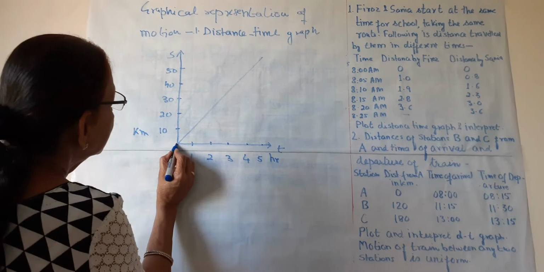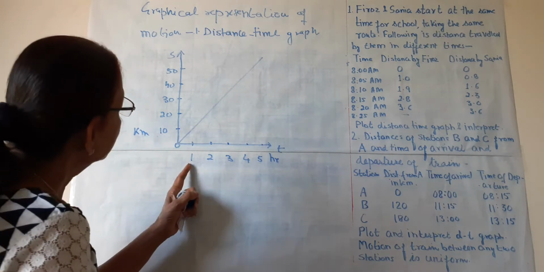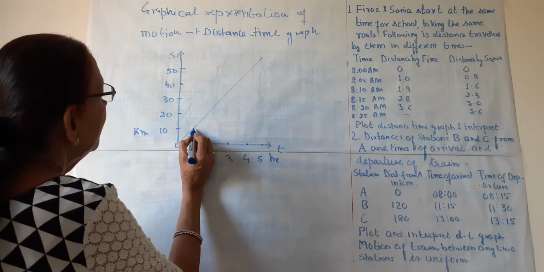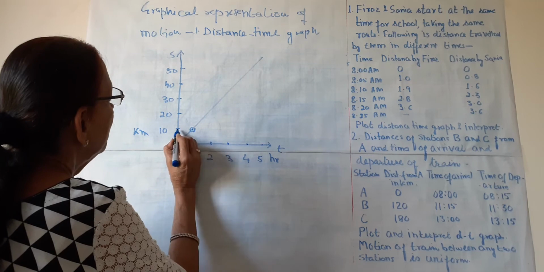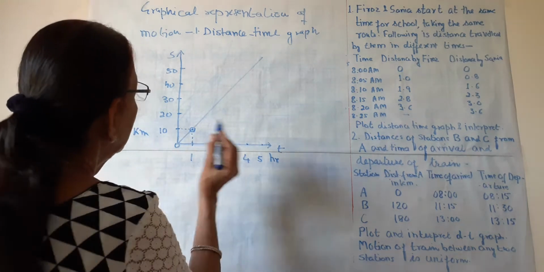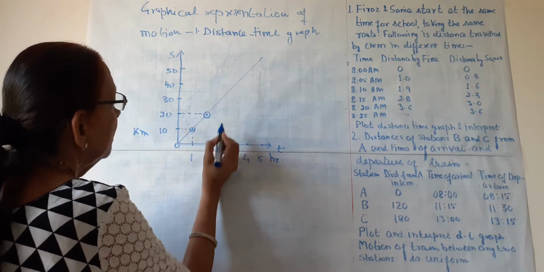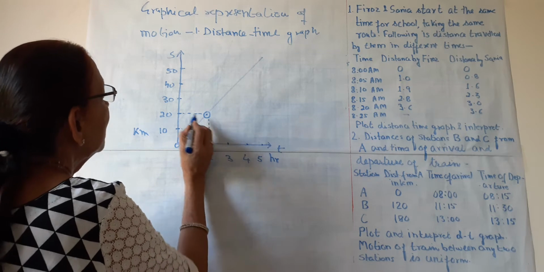So a car has started from the origin O. In the first hour, it runs 10 kilometers. Suppose we put a dot here. All of you know how graphs are made. So in the second hour, it runs like this.